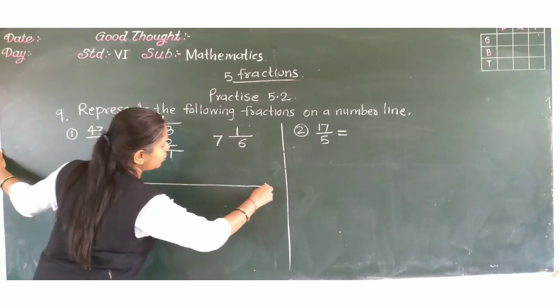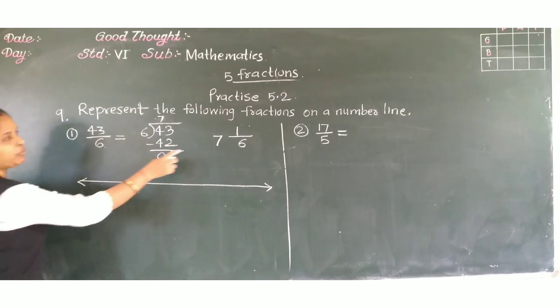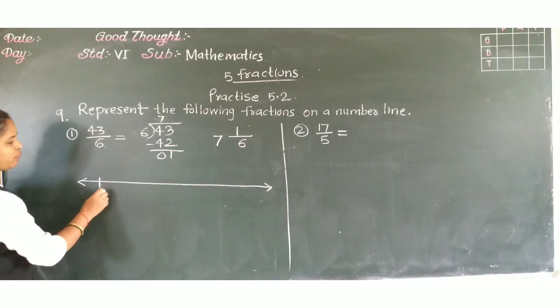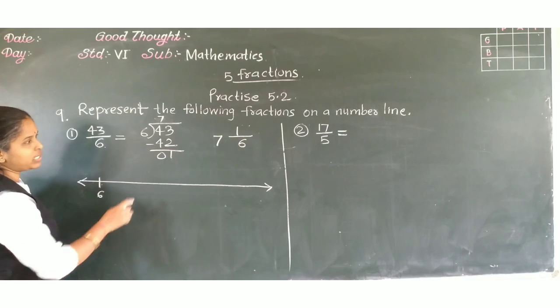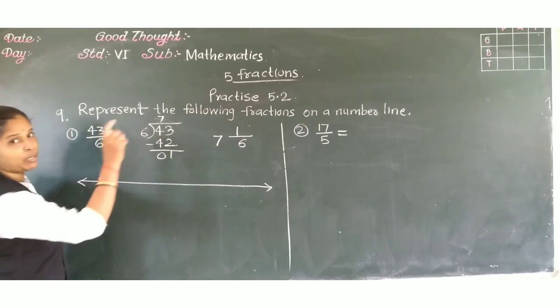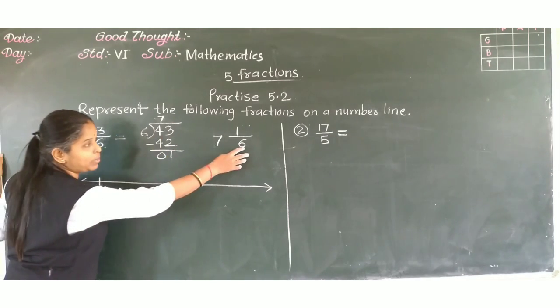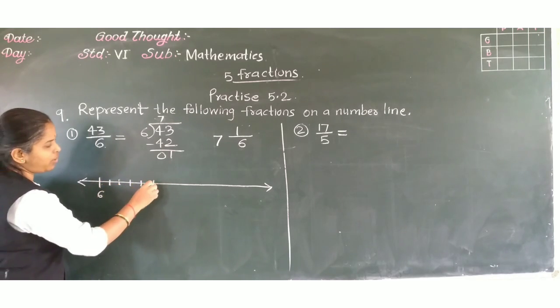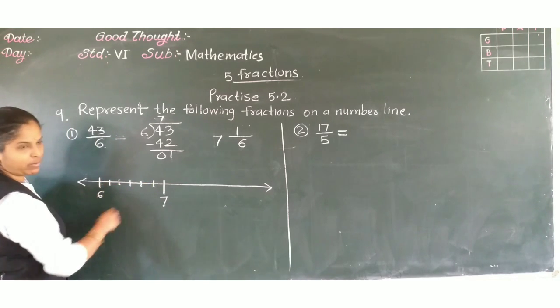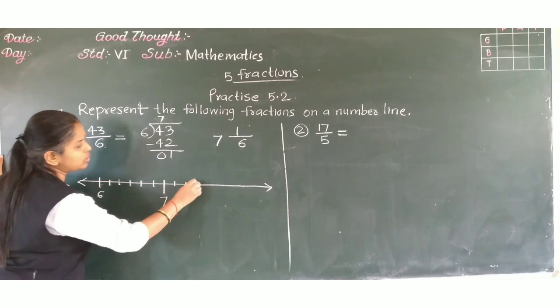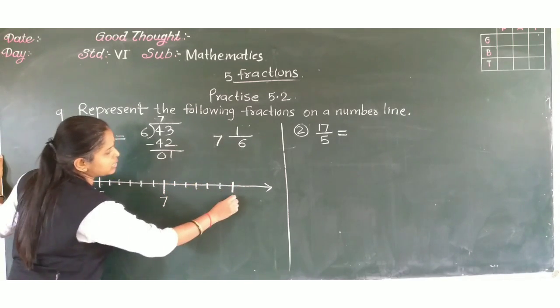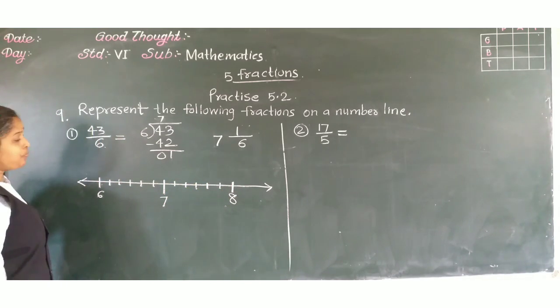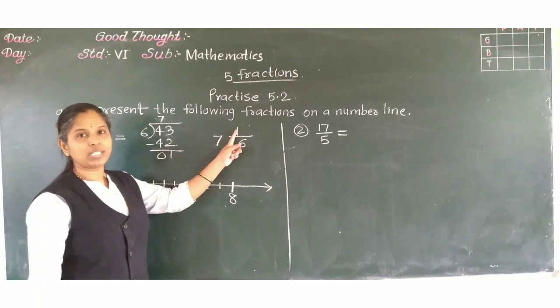How to show it on number line? Before 7 what is there? 6. No? So I will start from 6. After 6 how many equal parts will be there between 6 and 7? Look at the denominator 6. So 1, 2, 3, 4, 5, 6. Here 7 will be there. Then 1, 2, 3, 4, 5, 6. Here next number 8 will be there. Now after 7 first line.